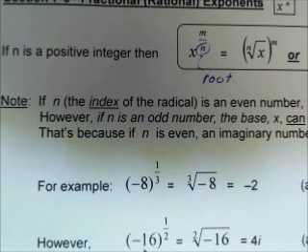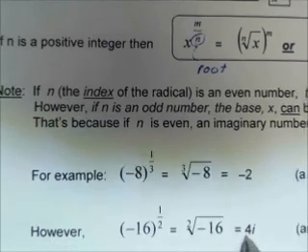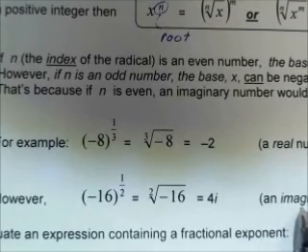However, -16 raised to the 1/2: again, the denominator is the root, so that means the square root of -16, which would be 4i, which is, as we know, an imaginary number.